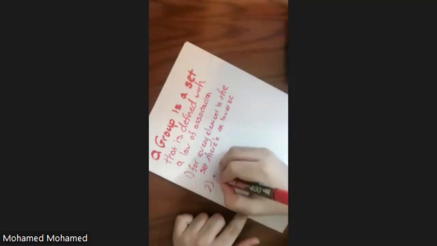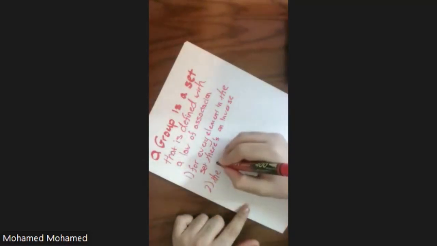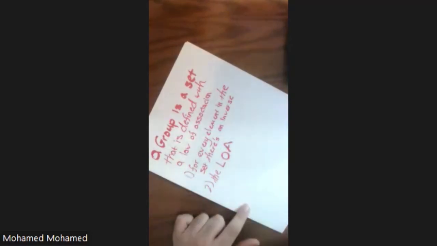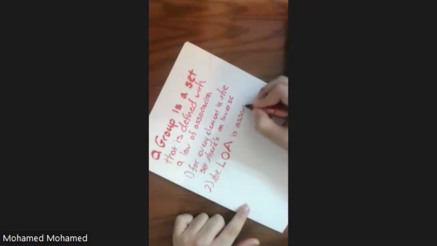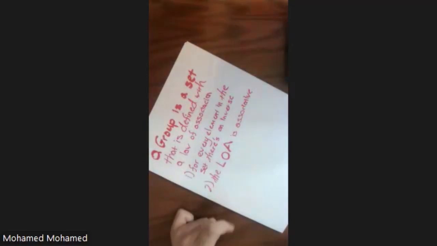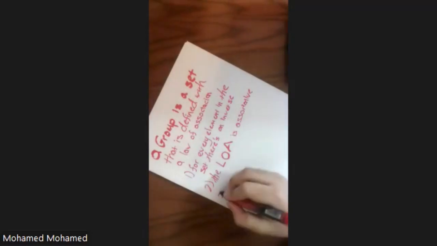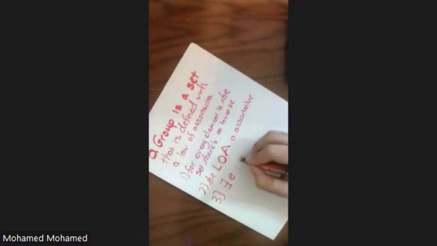So second, the law of association is associative. The last thing I said was that there is an identity, and that identity commutes, and it doesn't alter the result when multiplying by an element of G. So there exists an element E such that for G belonging to the group G, EG equals GE equals G.